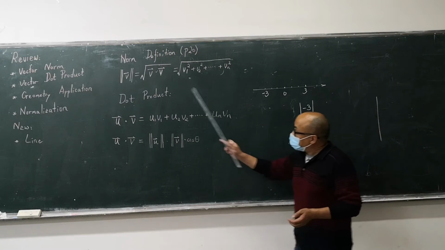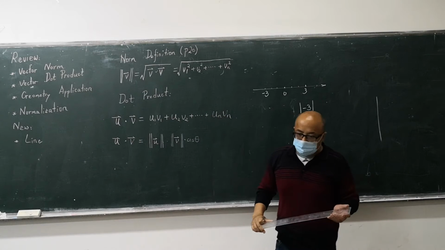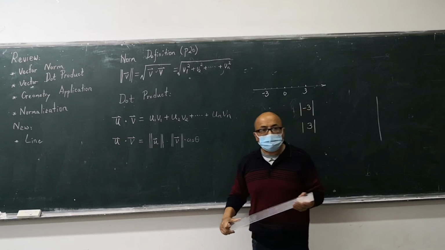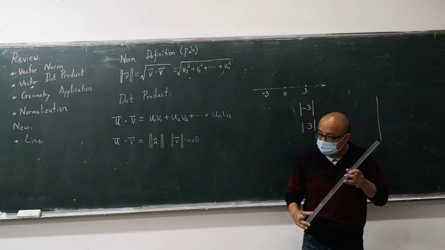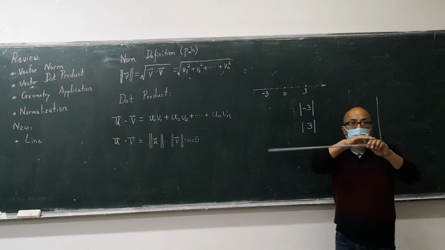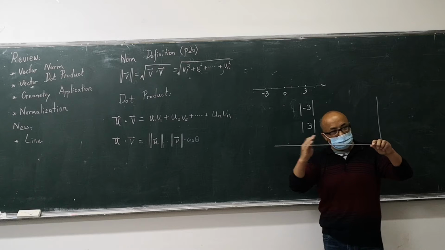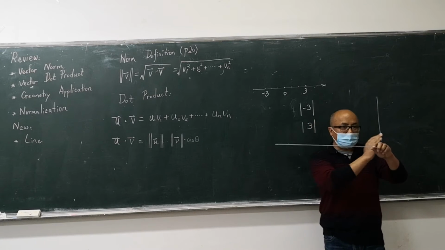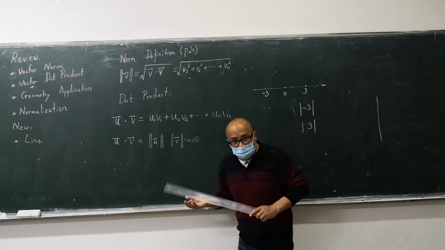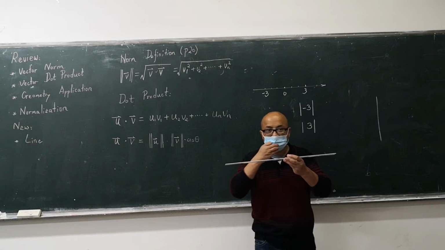And for the vector norm, normally a vector has a direction. This is -3 and 3, just in one dimension. Is it backward or forward? A vector can be more than one dimension.